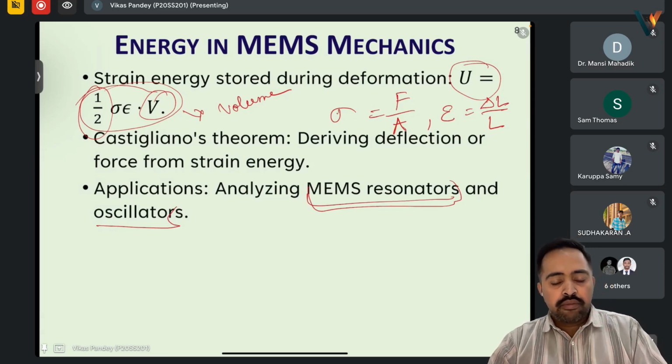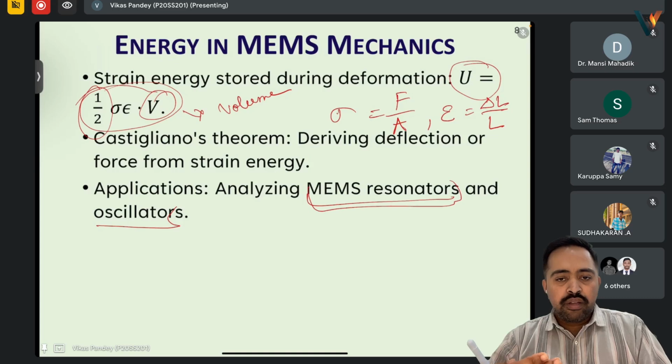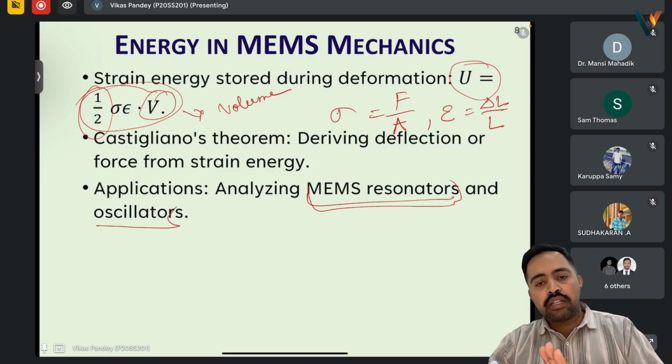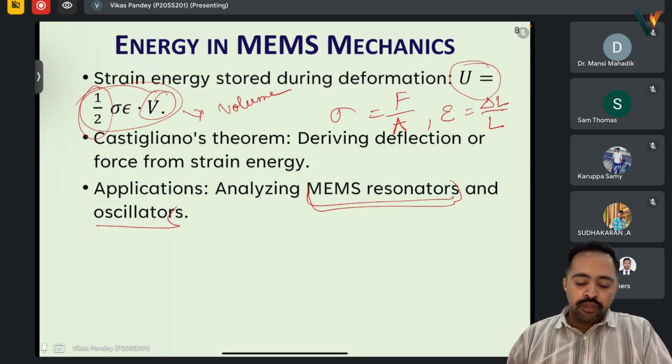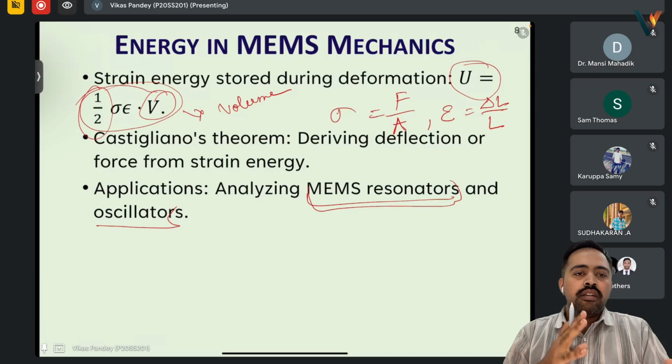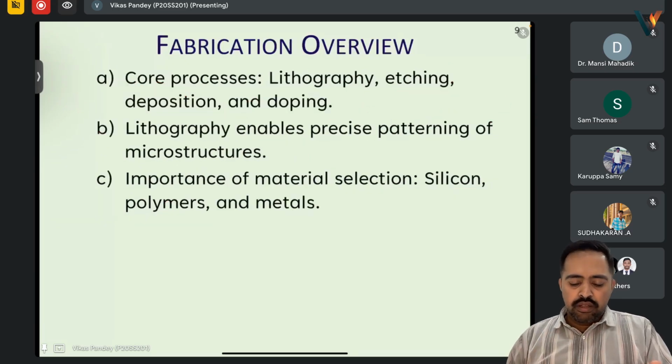Microphones, for example, resonate at a specific frequency, and once that matches, MEMS resonators and MEMS oscillators are used. So this is one example of MEMS.